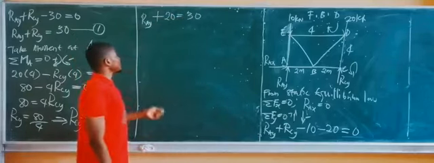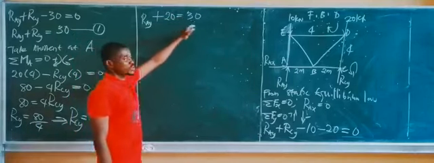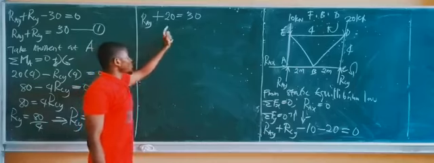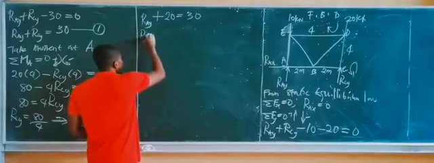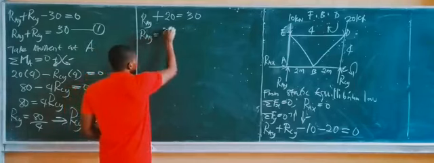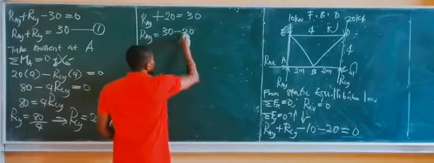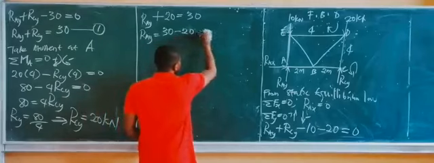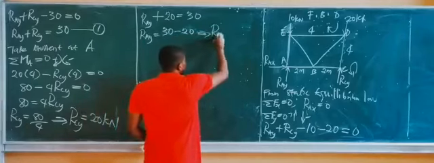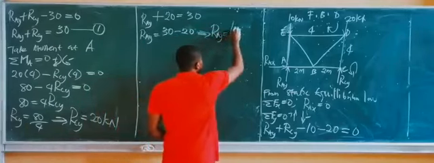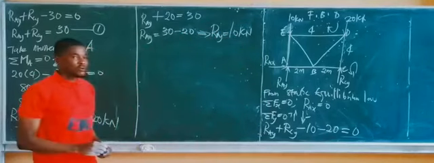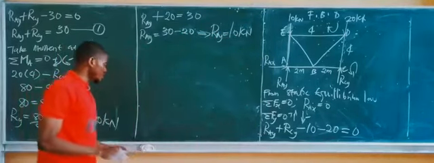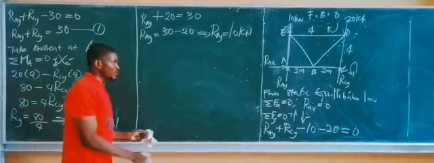Sending plus 20 to the other side, the positive sign becomes negative. You have RAY equal to 30 minus 20, and that implies RAY is equal to 10 kilonewtons.